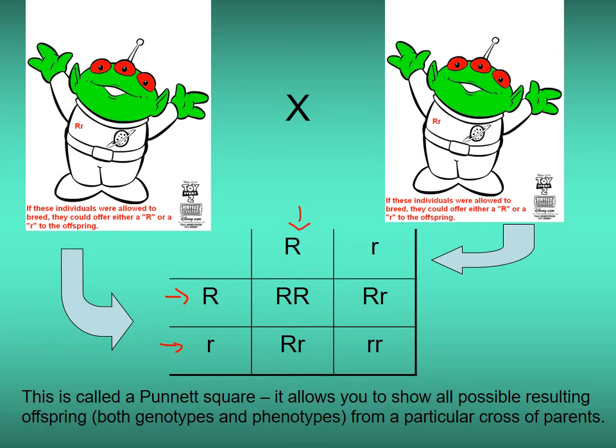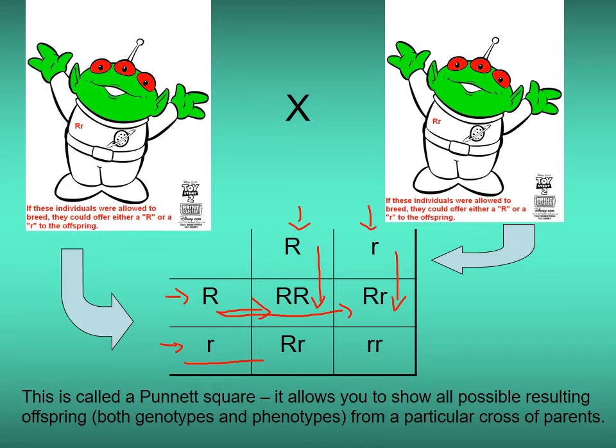So if the big R from this parent and the big R from this parent went to the baby, then the possible offspring would be big R, big R, a homozygous red. If the big R met up with the little r from the other parent, then the possible genotype would be big R, little r, still red.